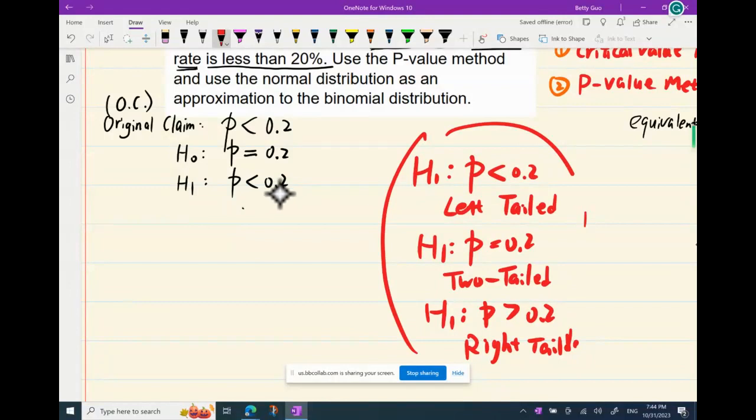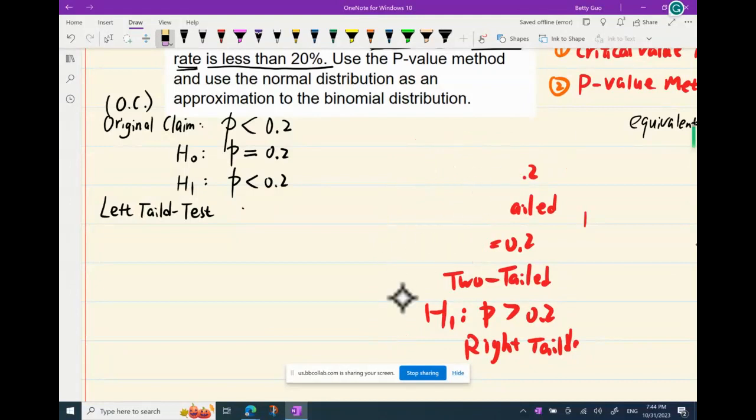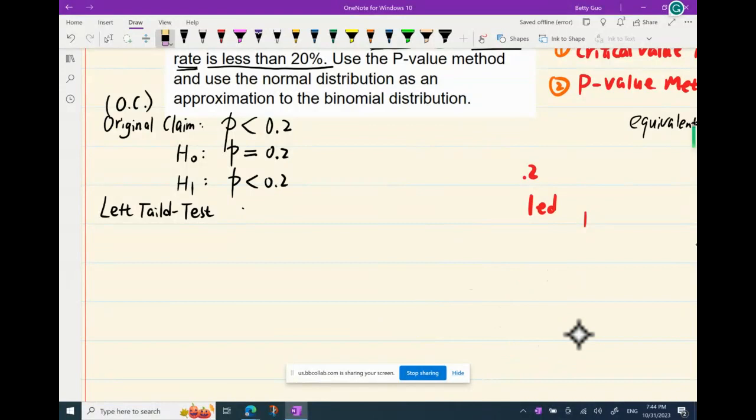Since we have P is less than 0.2, of course, we are going to have a left-tailed test, right? That's the thing we need to do right after we have H sub 0 and H sub 1.